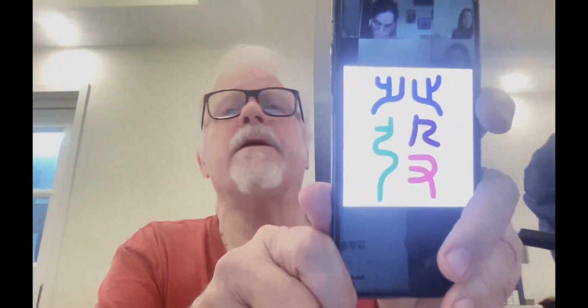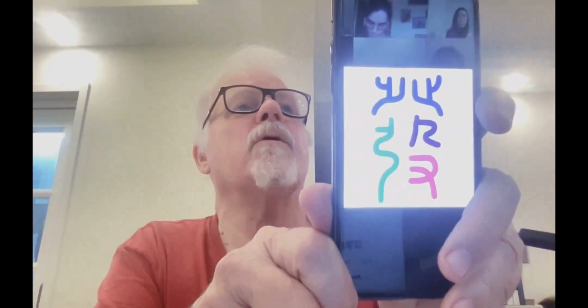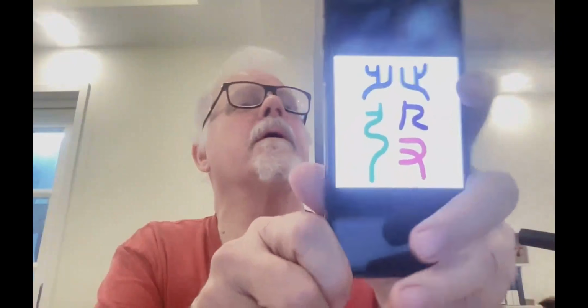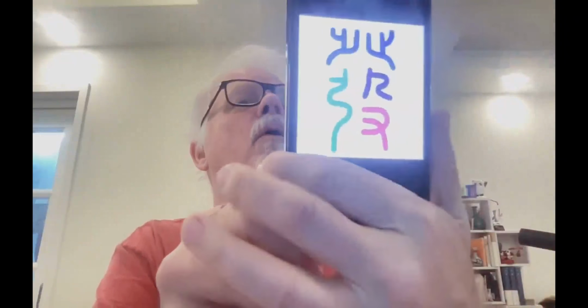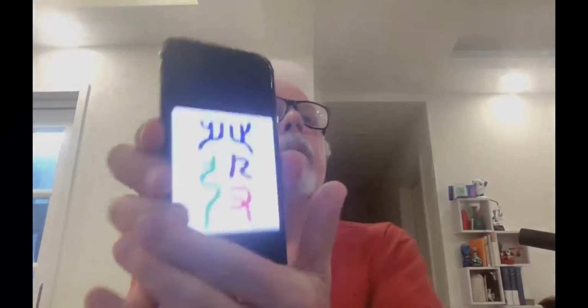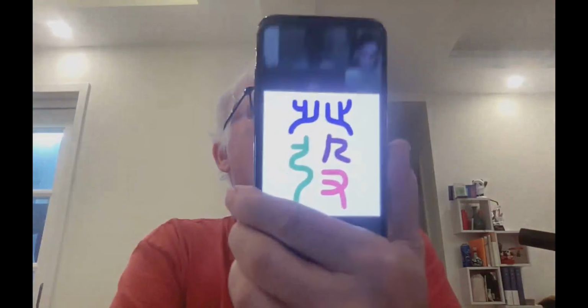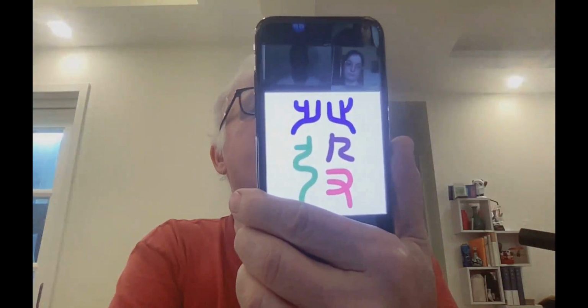So you see a hand shooting an arrow. Well, you don't see the arrow, but you see the bow. And the arrow is going forward.